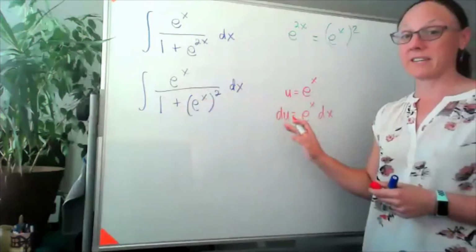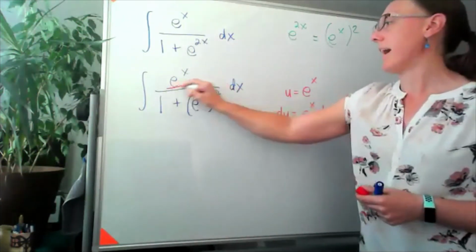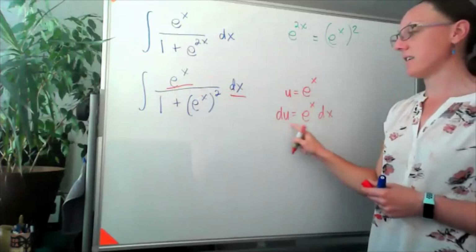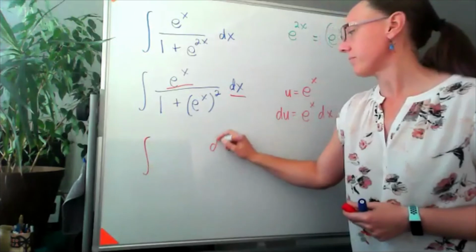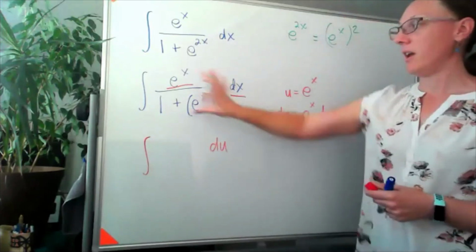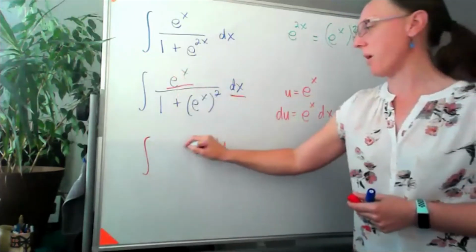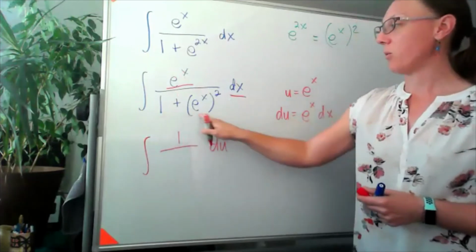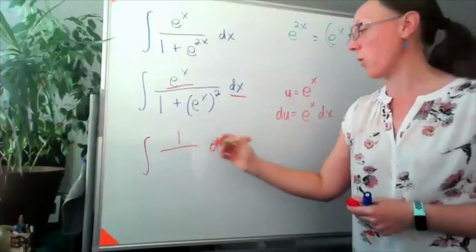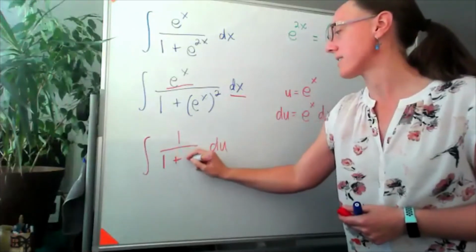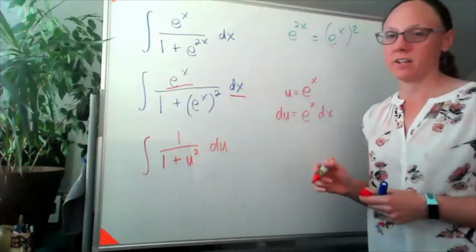In terms of translating our problem, that e to the x dx will turn into my du. And the bulk of the problem, this e to the x, that's my u, which means this looks like 1 over 1 plus u squared du.